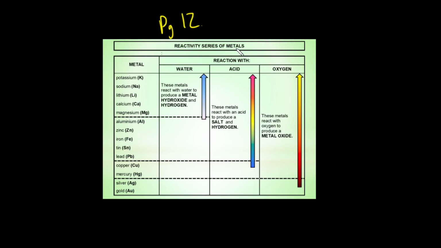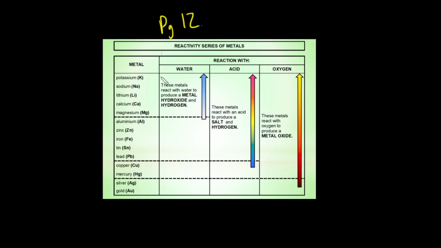It's basically like a league table of the metals, with the most reactive ones at the top and the least reactive ones at the bottom, which is very useful for us because we need to be able to appreciate which metals will react with oxygen, which ones will react with acids, and which ones will react with water.